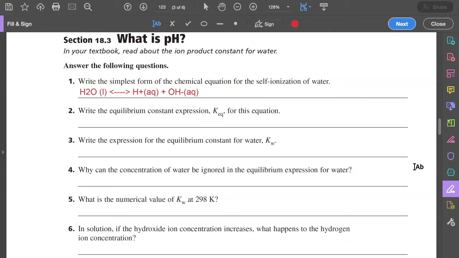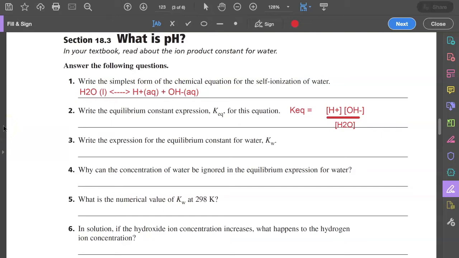Again, very simple. Number 2, write the equilibrium constant expression, Keq, for this equation. Keq is equal to the hydrogen ion concentration times the hydroxide ion concentration over the water concentration.